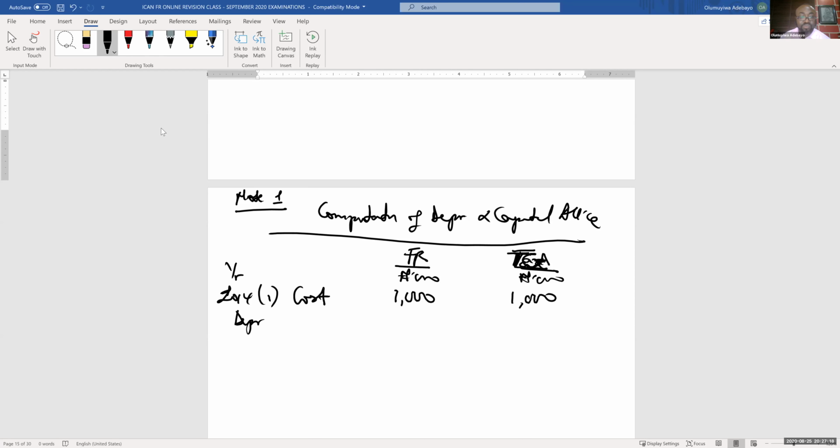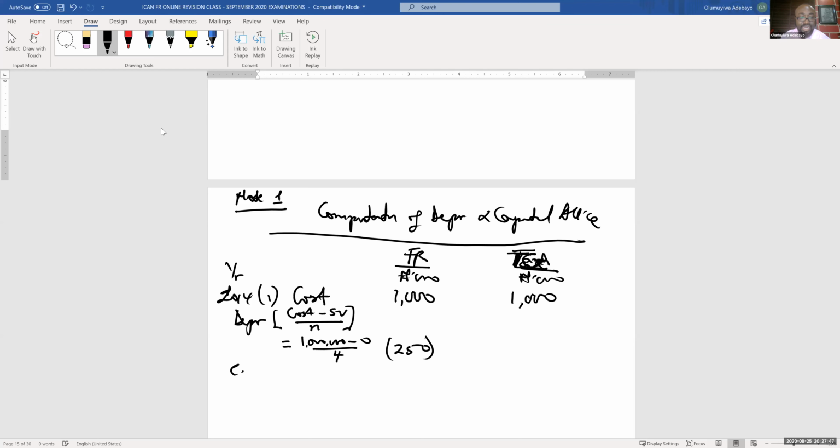Depreciation is charged on a straight line basis, which is the cost minus scrap value over the useful life. In this question, we are not given the scrap value. It means the disposal value is 0, which then means that it is 1 million minus 0 over 4 years, which means our depreciation charge is 250.